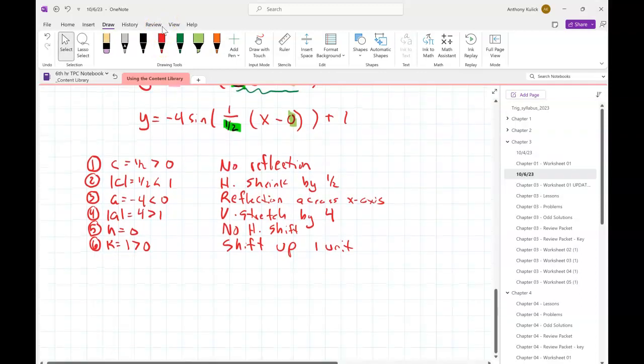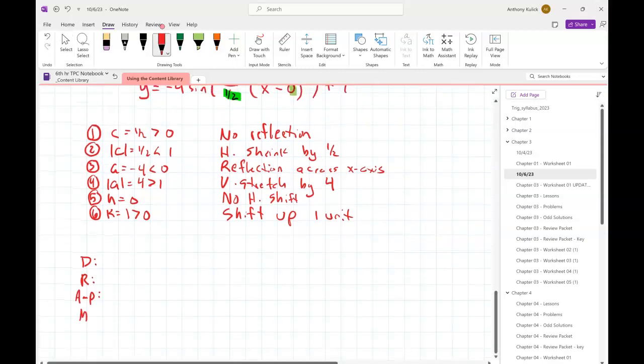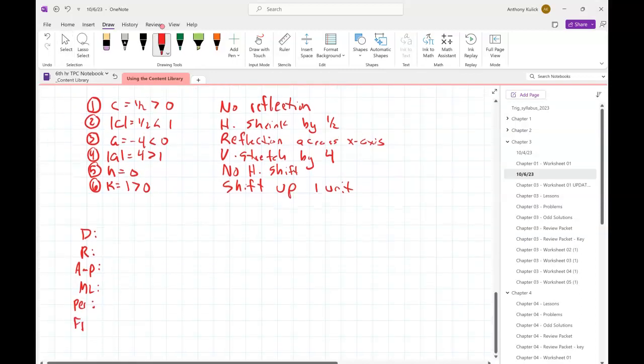Next up, it asked us to do the domain and the range and the amplitude. And it said center line. That's the same as midline. And then the period and the frequency. Well, the domain is easy.